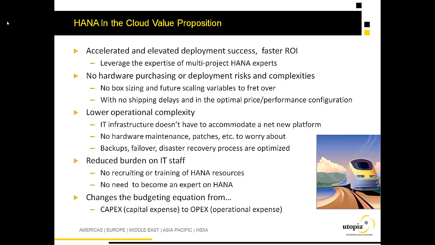And then, there's the other benefit of hosting in the cloud, and that is it changes the budgeting equation from CapEx to OpEx. Instead of having to lay out a fairly sizable sum of money for the HANA server, which could be, depending on the size of the server, anywhere from $50,000 to $250,000 or even higher, you can instead convert that to operational expense so that you pay a much smaller monthly fee that can be cash flow driven or cash flow expensed and support your HANA investment in that manner.